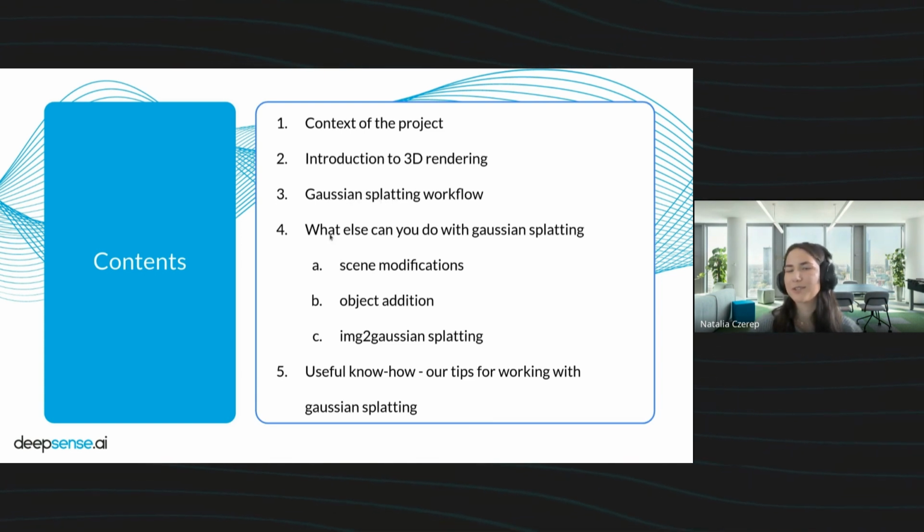For the most interesting part, I think, we'll talk about what else besides just renders we can do with Gaussian splatting, and I will cover some of our work with scene modification, object addition, and generating Gaussian splatting from just one image. And last but not least, I will tell you our know-how, our tips for working with Gaussian splatting.